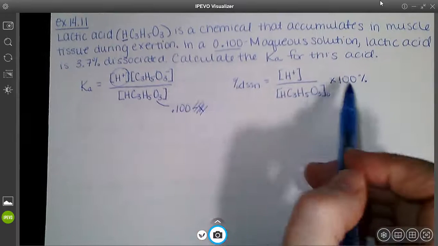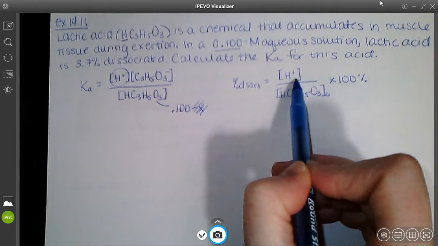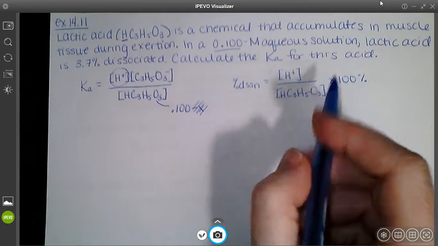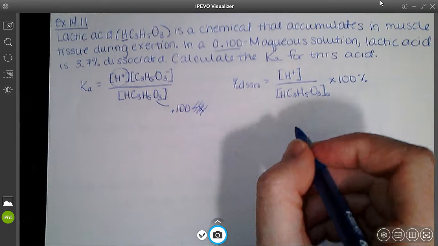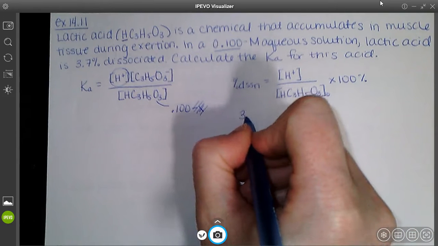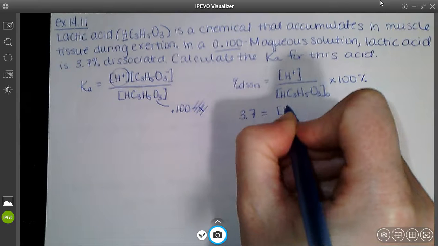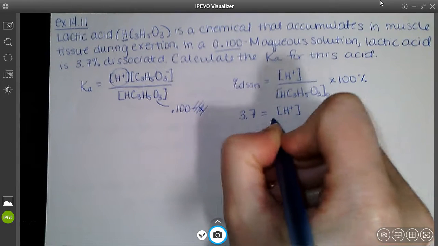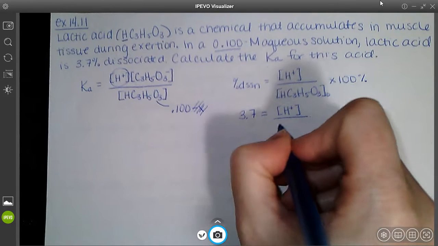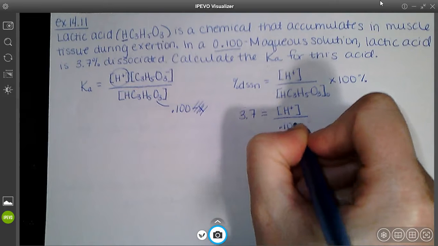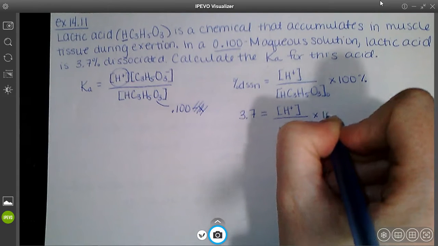And we have everything here except for H+, so when you only have one variable, it's very easy to do those calculations. So if I were to plug in what I know, I have 3.7 equals H+ divided by 0.100 times 100.